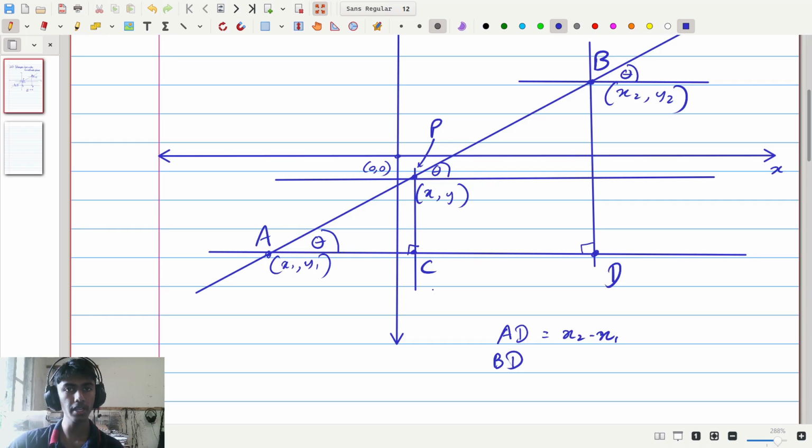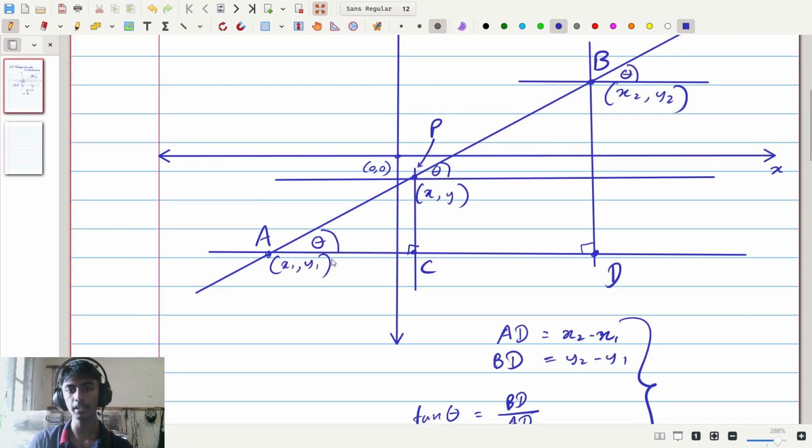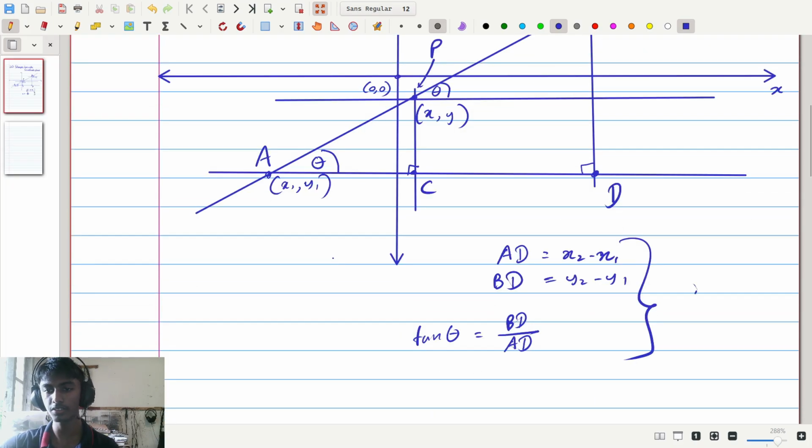So therefore BD length is y2 minus y1. Now if we consider the triangle ABD, we can see that within the triangle, tangent of theta is BD divided by AD. So tangent of theta is BD divided by AD. This set of equations is gotten from the triangle ABD.